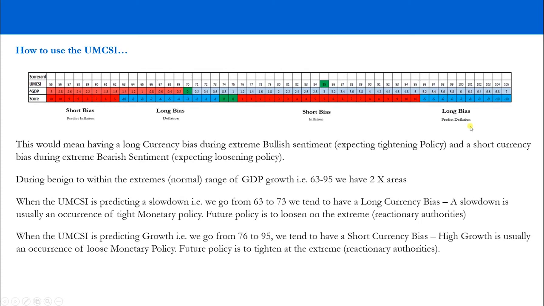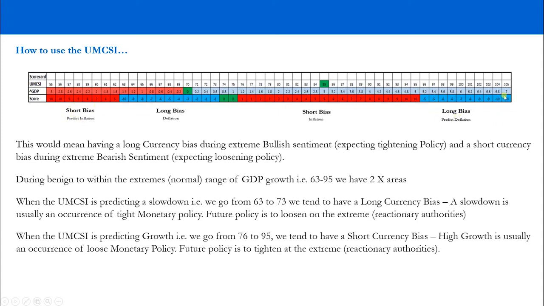So we have to understand these principles, that when we scorecard, we have to predict inflation and deflation, but we also have to predict from our data that historically central authorities will act if they have to on the extremes. So we tend to have 4 zones where we have a long bias in a deflationary condition, a short bias in an inflationary condition, but when we have extreme deflationary conditions predicted, we have a short bias because we're actually predicting inflation.